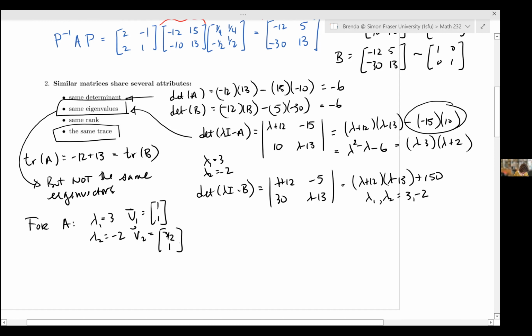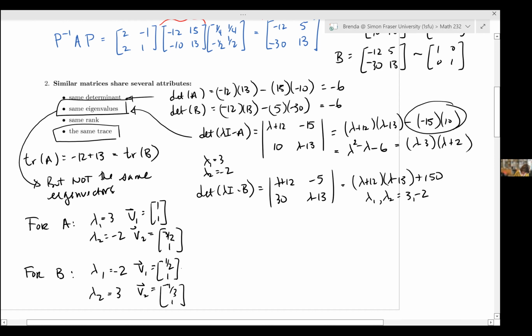And I did the same thing for matrix B. Get lots of practice this way. So for matrix B, I also computed the eigenvectors for these eigenvalues. I called lambda 1 in this case minus 2, and I got the eigenvector V1 to be 1/2 1, and for the other eigenvector, which corresponds to the eigenvalue of 3, I got this eigenvector here.